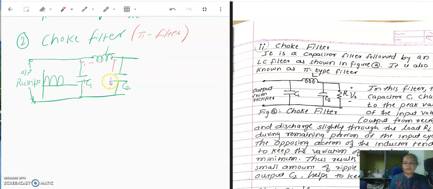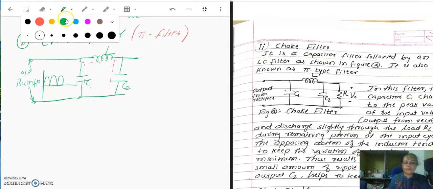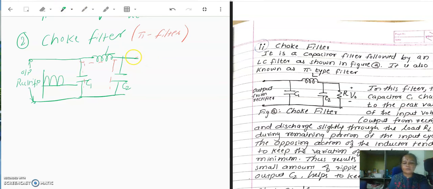This is the choke filter's diagram, and after this we are getting connected with a resistance RL. Across RL we take the output voltage, which we refer to as filter output.